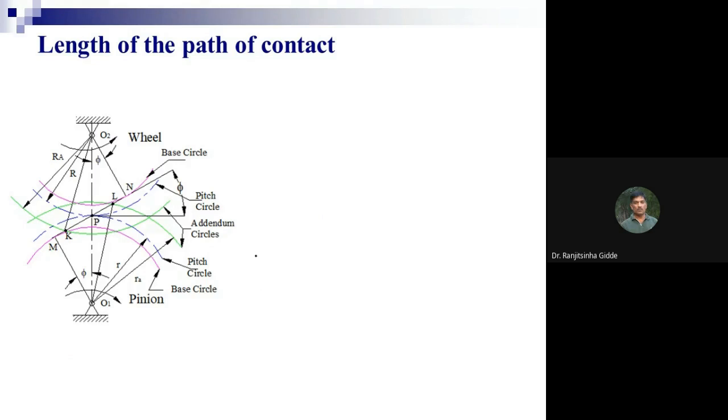Okay, next line you can write. We have written this as an introduction. Then path of contact is equal to KL. You should write this left hand side. This KL is nothing but the path of contact.